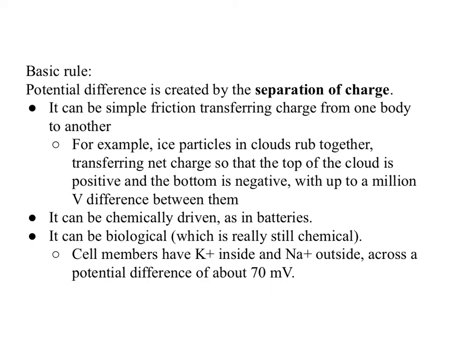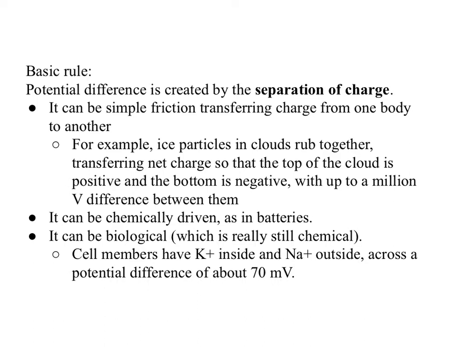You get lightning strikes. You can have separation of charge because of chemical reactions. This is how a battery works for the most part. A battery is a chemical reaction that separates charge until eventually there's a static voltage difference between two ends of the battery. Or it can be biological, which at root is really chemical anyway.